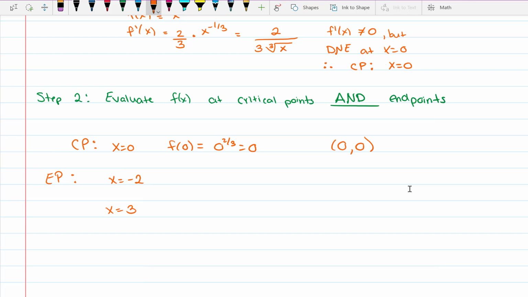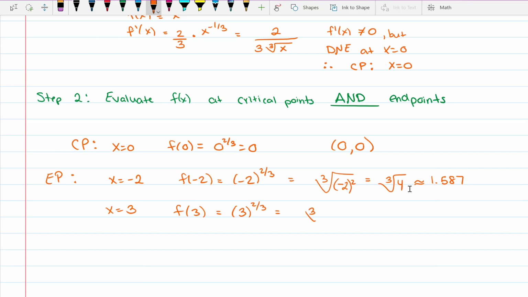At x equals -2, we get (-2) to the 2/3, which is equal to the cube root of (-2) squared, which is equal to the cube root of 4, which is about 1.587. Then f of 3 is equal to 3 to the 2/3, which is the cube root of 9, which is about 2.08.